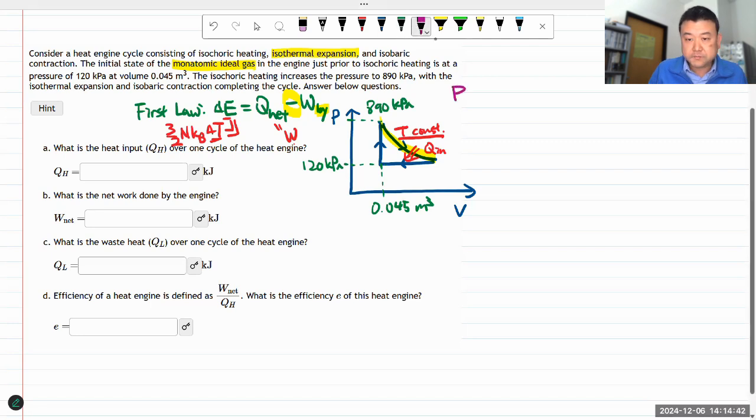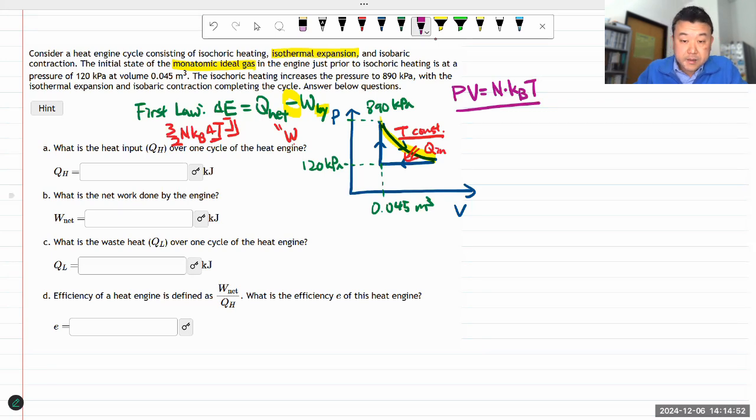Ideal gas law says pressure times volume is equal to number of molecules times Boltzmann constant times T. We'll probably use a version of that, and then with the isothermal expansion, I can work out this volume if I ever need to through the ratio of the pressures.